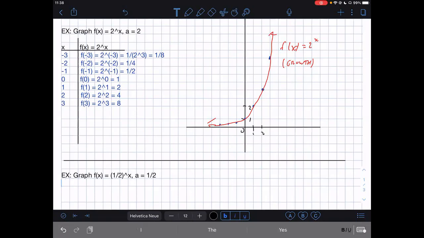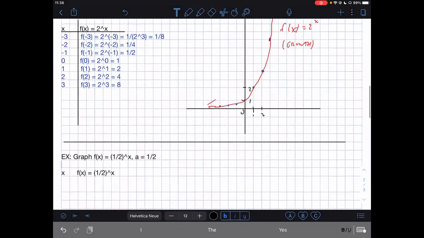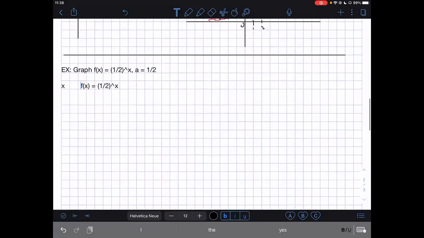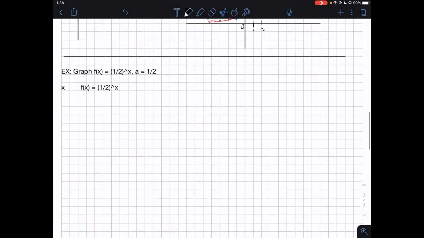Okay, so once again, let's set up a table here. We have x and f of x. f of x is 1/2 to the x power. Let me set up a table once again.